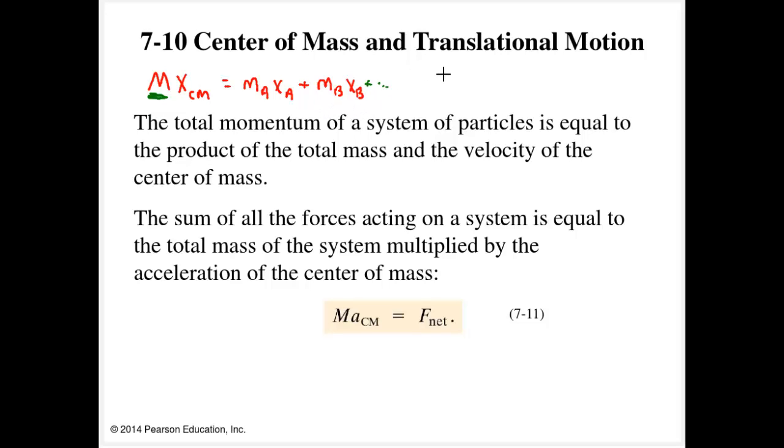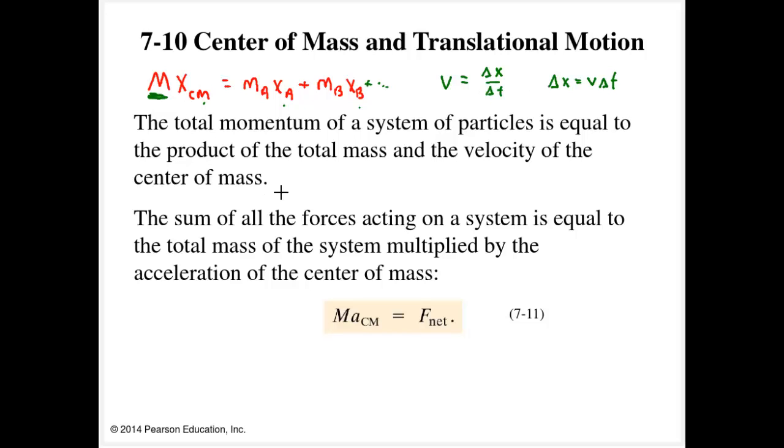Let me now recall that velocity is equal to the change in position divided by the change in time. Let me consider that my particles are moving, so my positions are now changing. I can write the change in position as the velocity multiplied by the change in time.